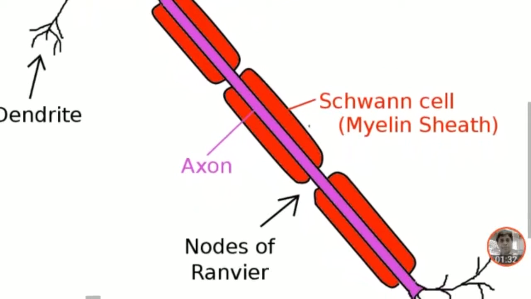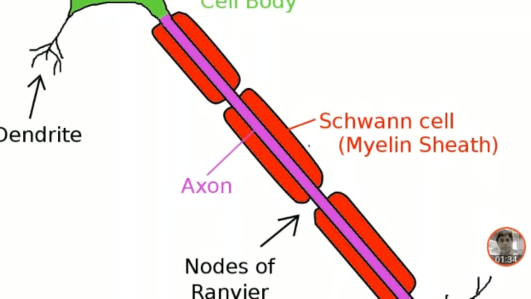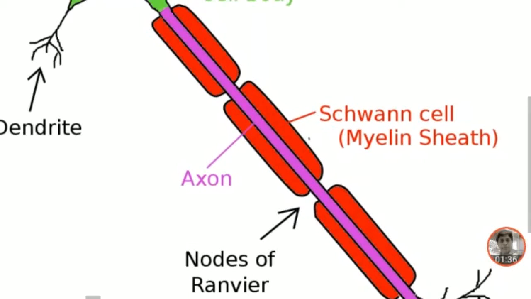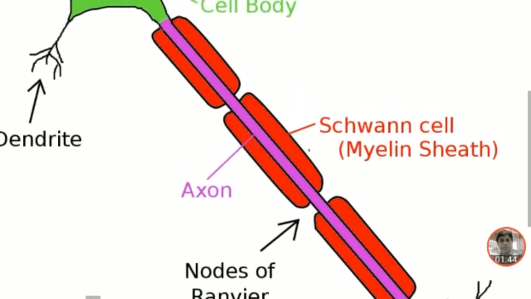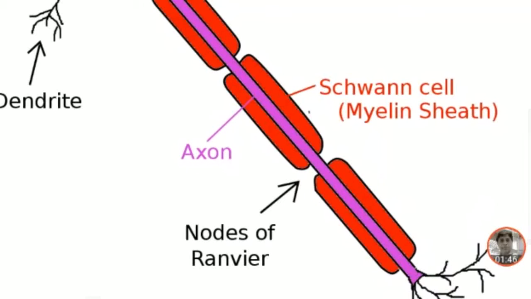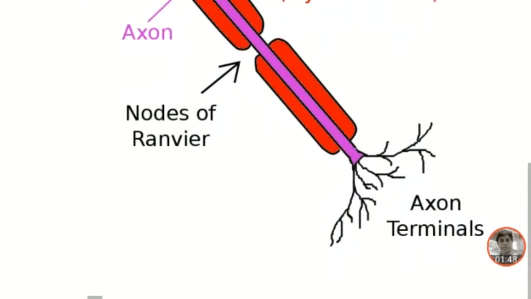Axon is an elongated structure from the cyton. It is covered by myelin sheath, with gaps called nodes of Ranvier. Finally, the axon has axon terminals.